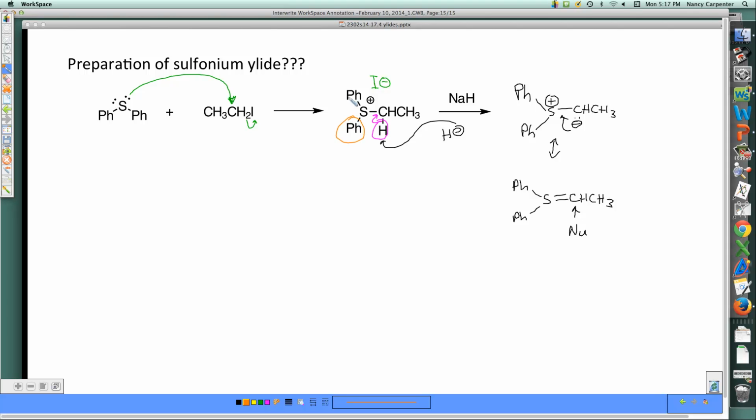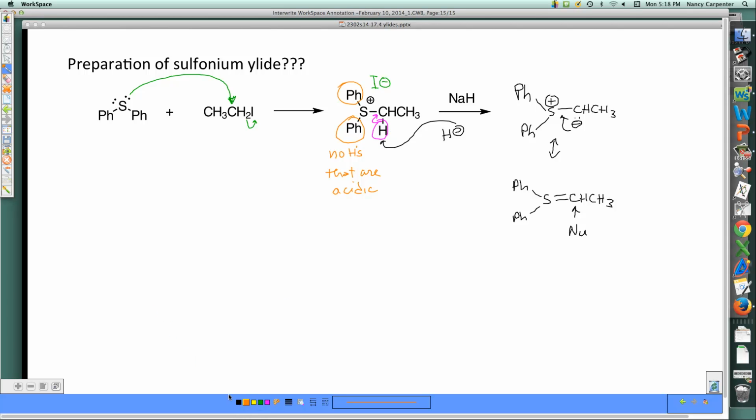Note that in this example, there are no other hydrogens that can be removed. So when it comes to deprotonating the sulfonium salt to make your ylide, there's only one place for the sodium hydride to go, and that's right there.